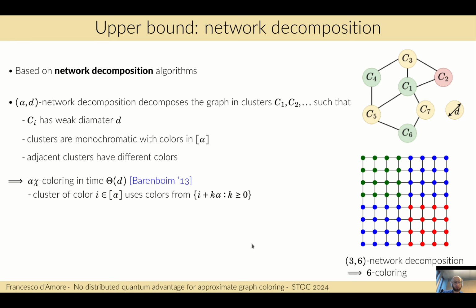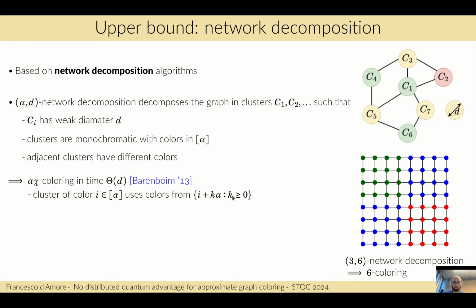And it is not hard to see that if we are given such a decomposition, then we can find an alpha chi coloring in time roughly d. This is done by Barenboim in 2013. How? Basically, each cluster of color I will use a specific palette of colors which differs if the color of the cluster is different.